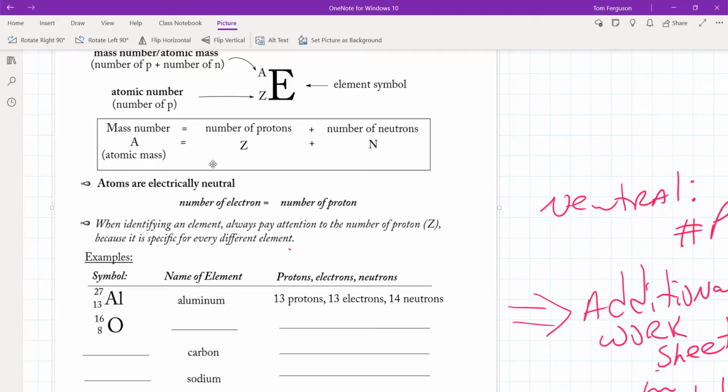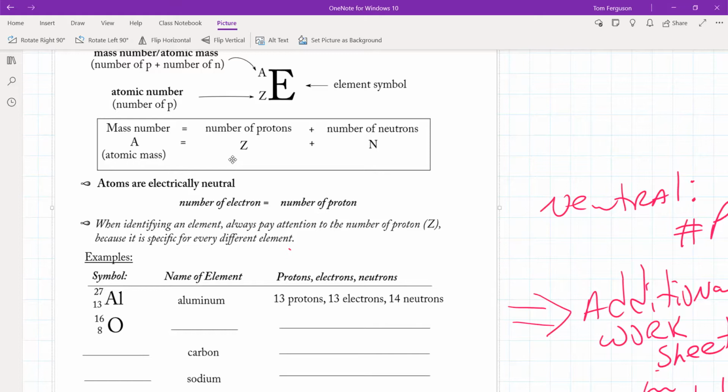That's going to determine its chemistry, its nuclear chemistry, and its physical characteristics. The number of protons will determine what element we're talking about. That's totally unique. It's a 1-to-1 correspondence. So when the number of protons changes, so does the element. If we go from 4 to 5 protons, the element is no longer the same element.